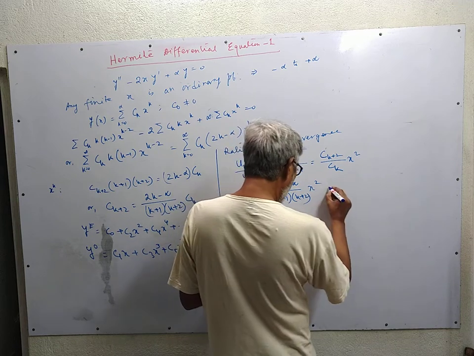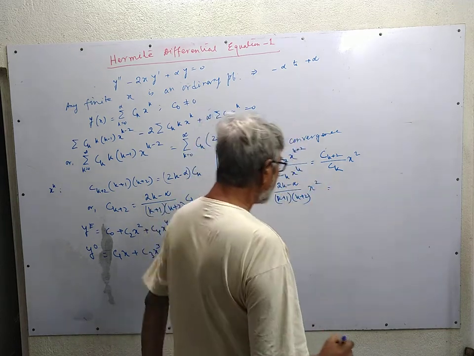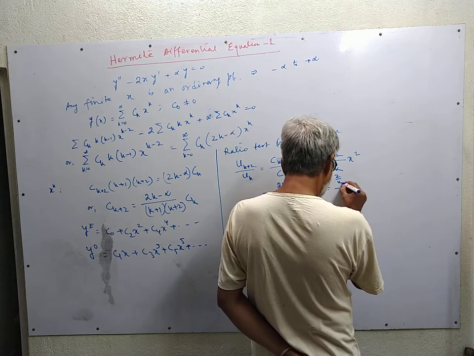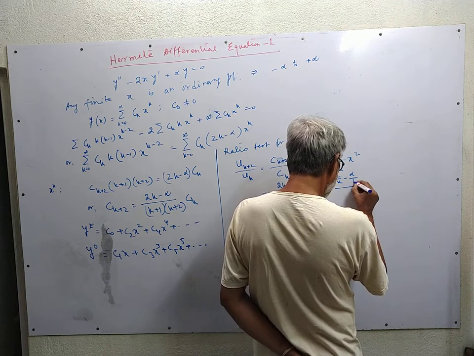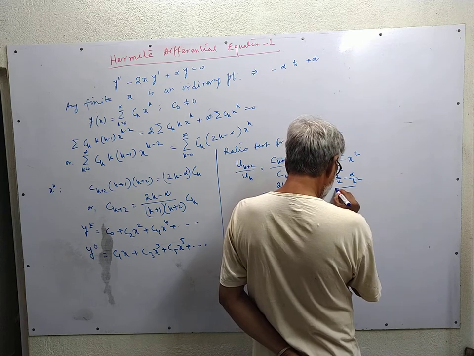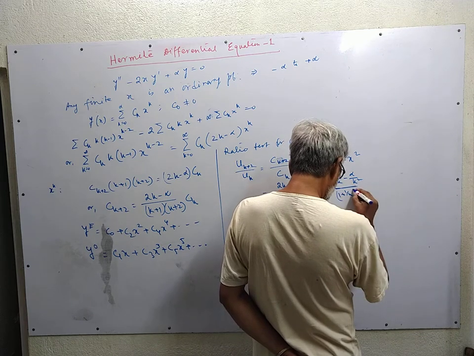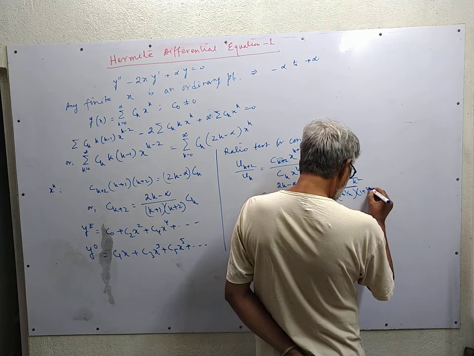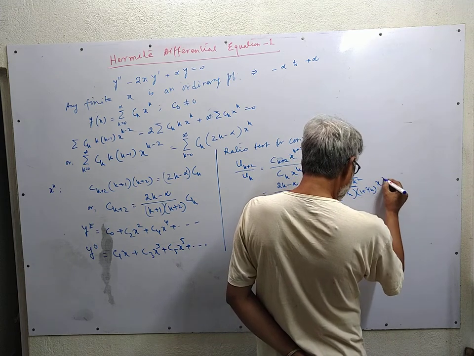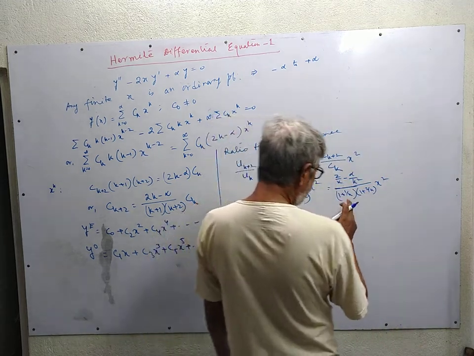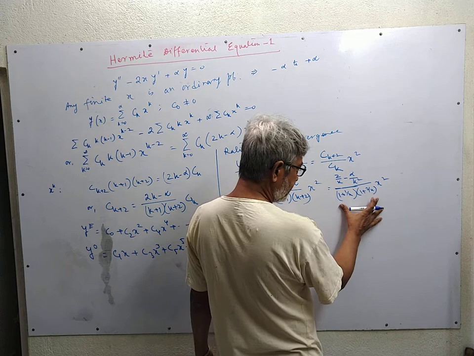If we divide both numerator and denominator by k square, we get 2 by k minus alpha upon k square, and in the denominator it is 1 plus 1 upon k and 1 plus 2 upon k, times x square. As k tends to infinity, this is 1, so the denominator is 1.